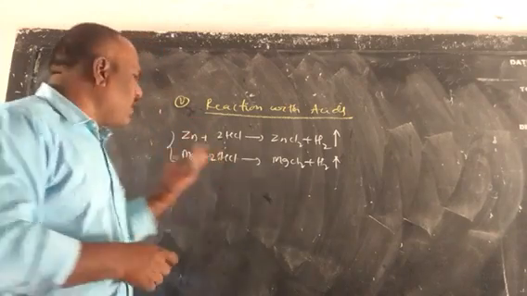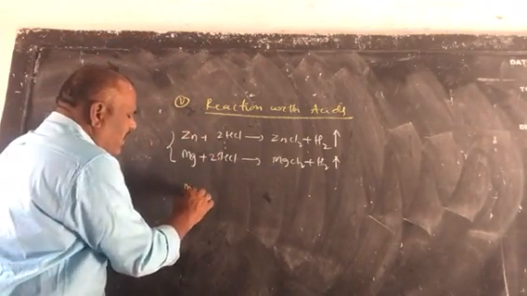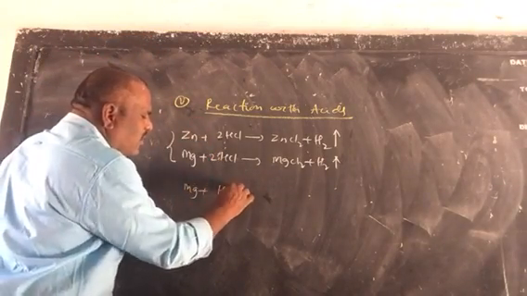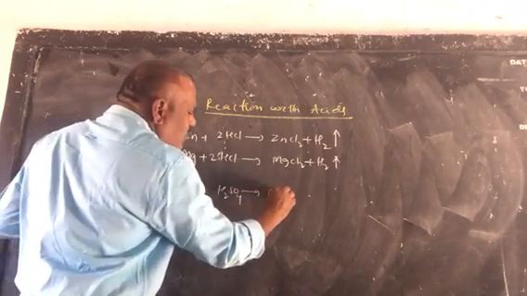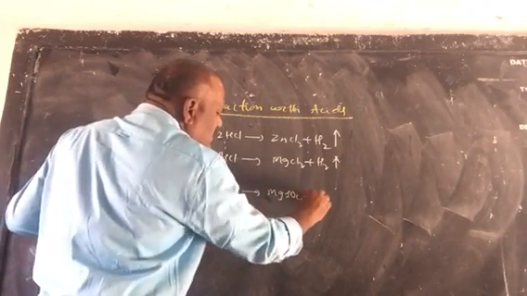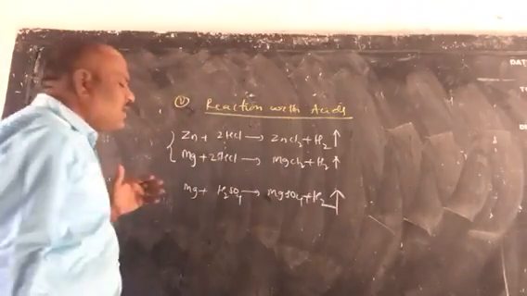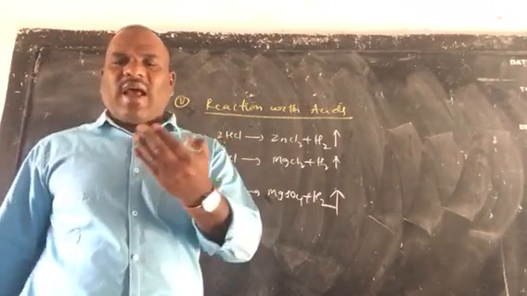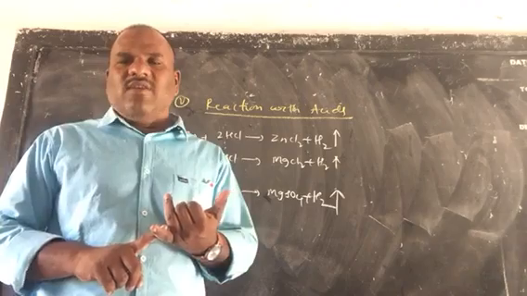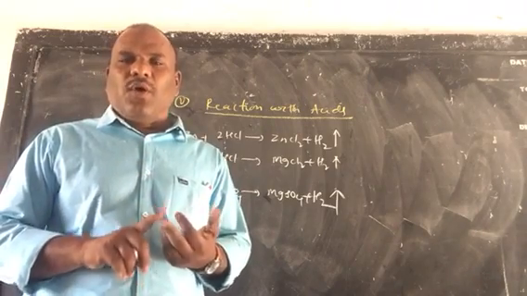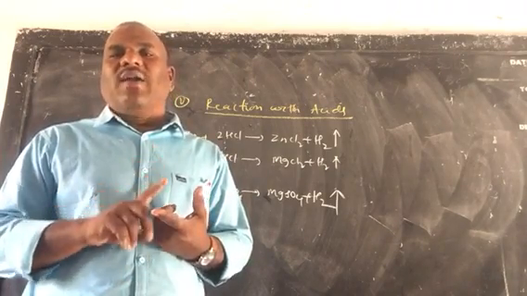Take one more acid, for example magnesium plus H2SO4, sulfuric acid. This gives MgSO4 plus H2. Whatever metal and whatever acid you take, when metals react with acids, they produce salt and hydrogen gas.